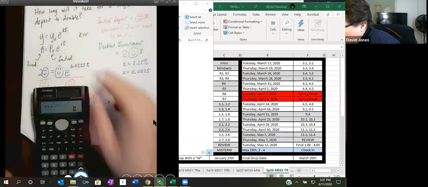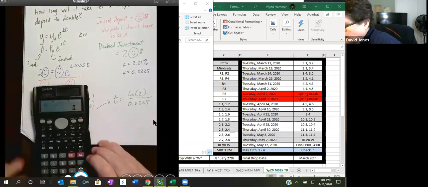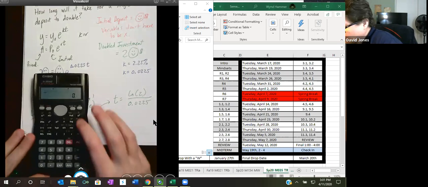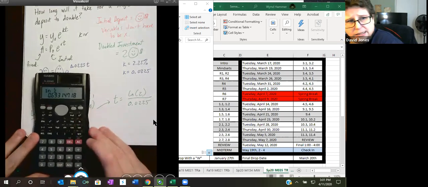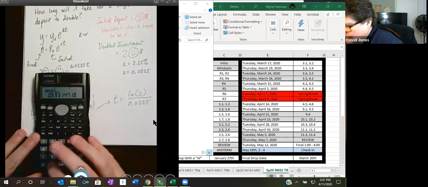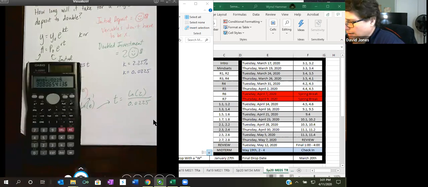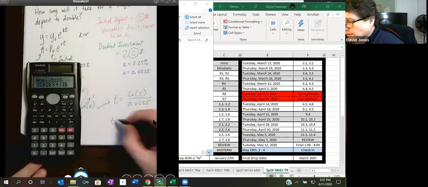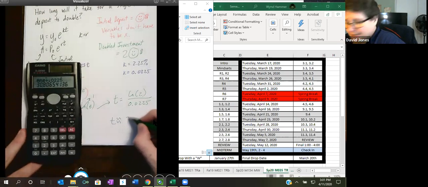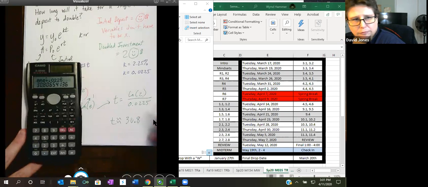How long is that? Remember, t is in years. Natural log of 2 divided by 0.0225 takes a while. Considering he didn't have to do anything to make it double, but just let it sit there, 30.8 years seems pretty good.